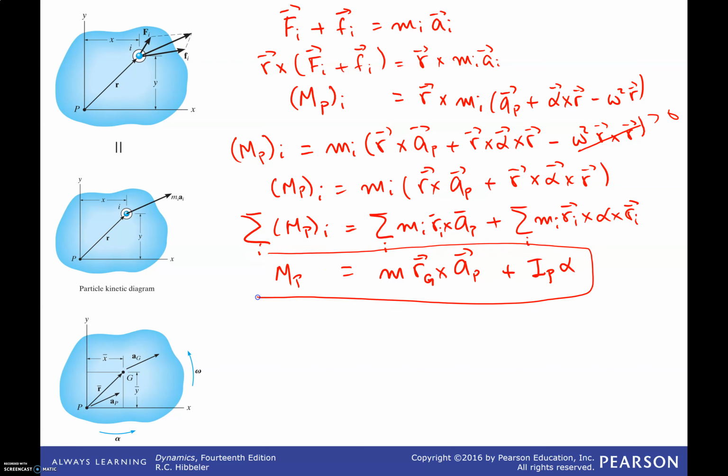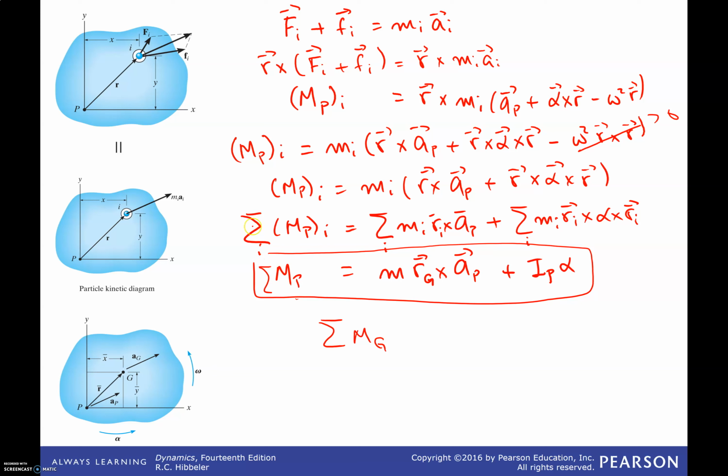So the moments about P are equal to the mass times the position of the center of mass cross the acceleration AP plus IP times alpha. Now, if this point P we choose to be G, what we get is the moment about G, and this should be a sum here because there might be more than one moment.